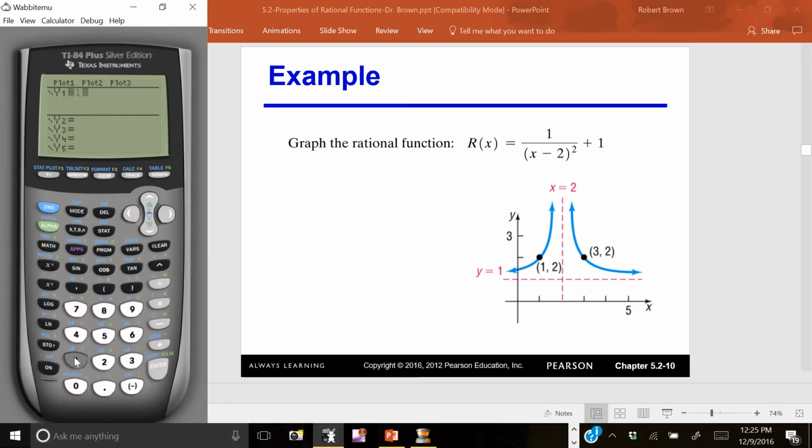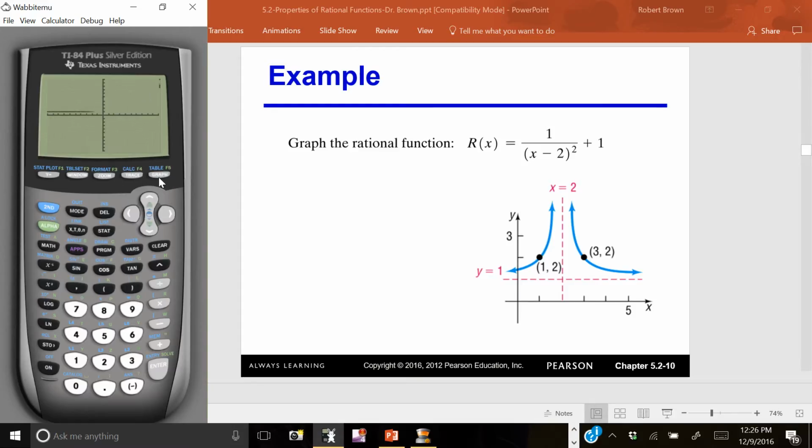First, we'll put in 1 plus 1 divided by parentheses x minus 2, quantity squared, and we'll go ahead and graph it.